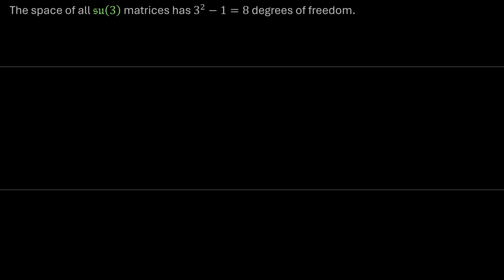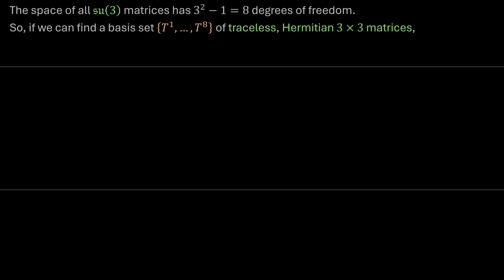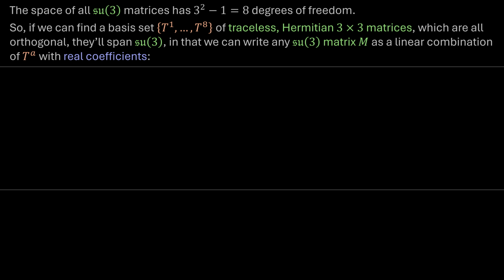So with that reasoning in mind, we know that if we can find a basis set T1 through T8 of traceless Hermitian 3x3 matrices that are all orthogonal, then naturally they're going to span SU3, and therefore we can write any SU3 matrix M as a linear combination of those generators T_A with real coefficients.